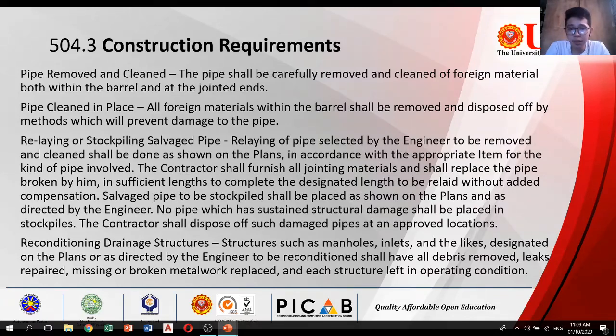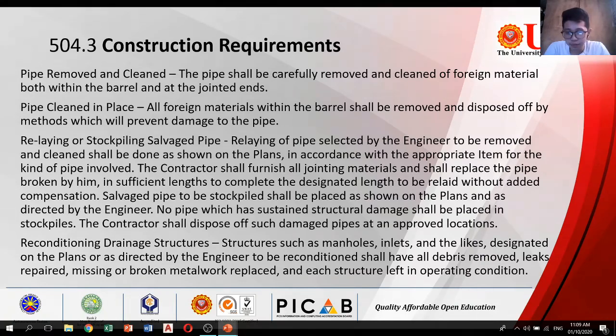The pipe shall be carefully removed and cleaned of foreign materials both within the barrel and at the joint ends. So, pipe cleaned in place. All foreign materials within the barrel shall be removed and disposed of by methods which will prevent damage to the pipe.